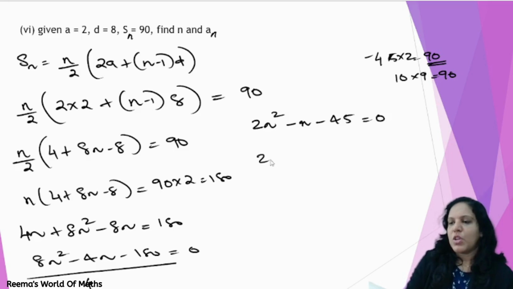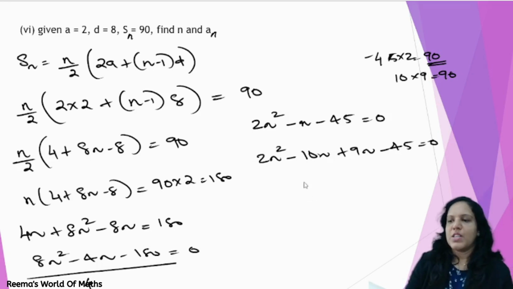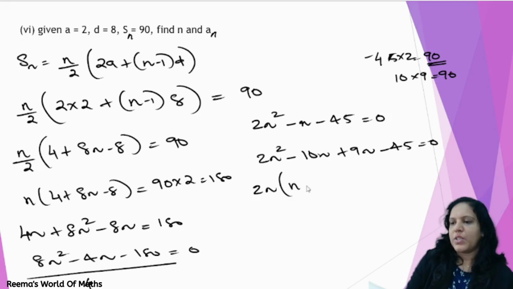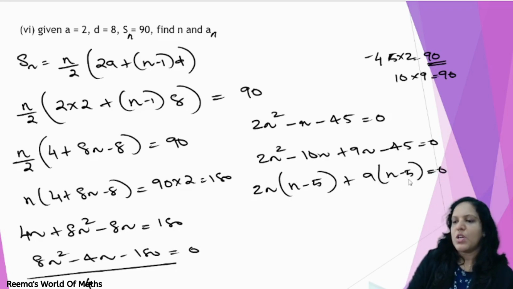So that will be 2n squared minus 10n plus 9n minus 45 equals 0. Taking 2n common, that is 2n into n minus 5 plus 9 common, n minus 5 equals 0. So that gives 2n plus 9 multiplied by n minus 5 equals 0.